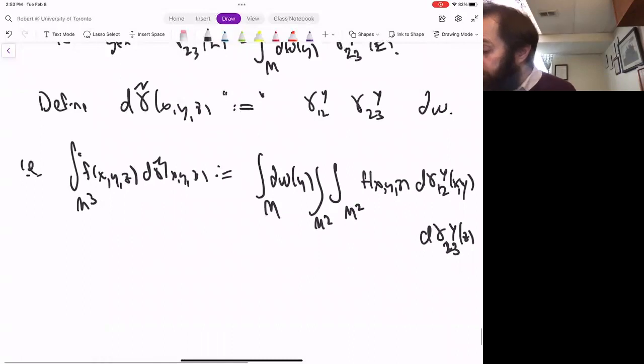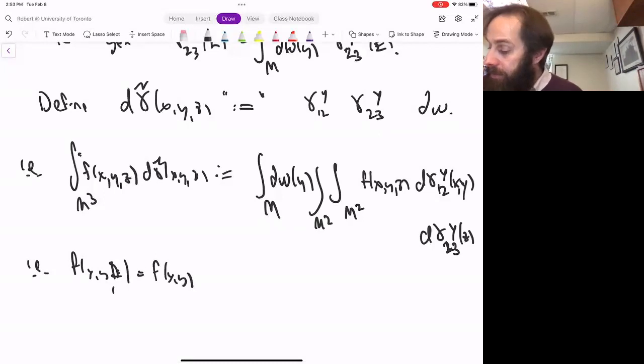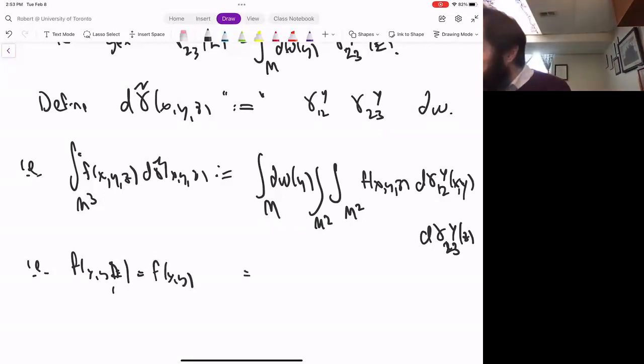So I define it by this funny triple integral, and now the observation is that if f of x,y,z depends only on the first two variables, then there's no z dependence here.